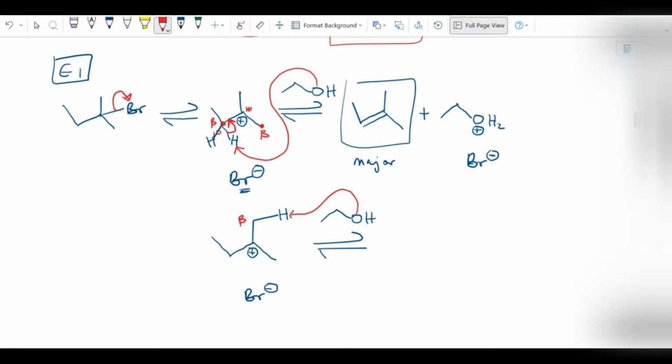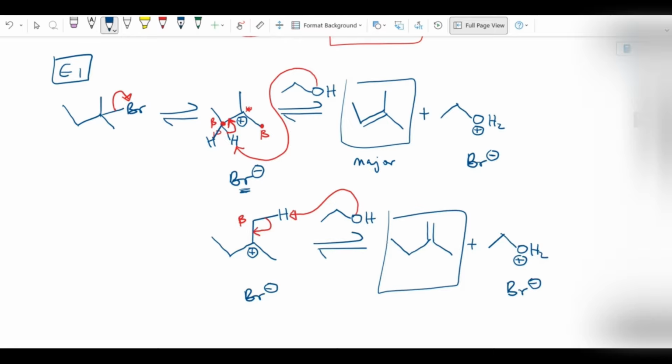Then this base will pull off this beta proton. And then this bond will break and it will form a double bond between the beta carbon and the carbocation. And we'll have this Hofmann product. Then the conjugate acid of the base will be formed. And to make sure our charges are balanced, this anion will be attracted towards the oxonium ion. And this mechanism accounts for the formation of this particular alkene.